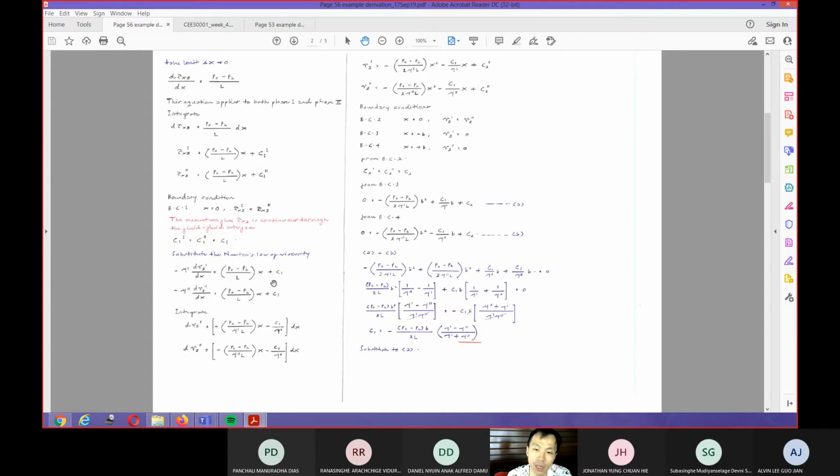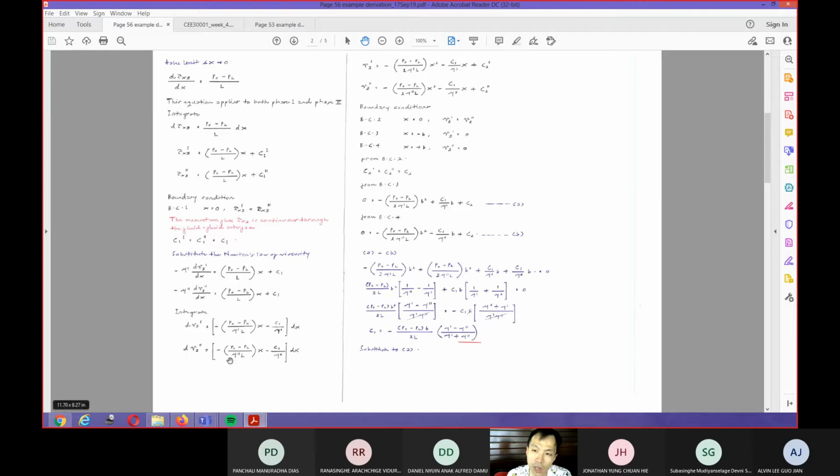Once you do that, you will get this particular equation. Then you can substitute Newton's law of viscosity. You need to notice that Newton's law of viscosity will be different for the different phases, because the viscosity and velocity of the first phase will be different from the viscosity and velocity of the second phase.